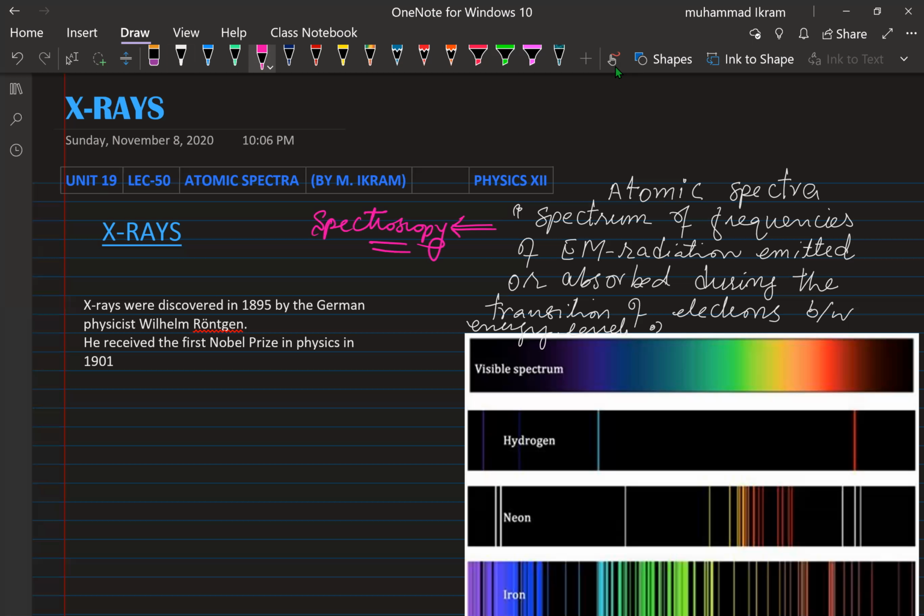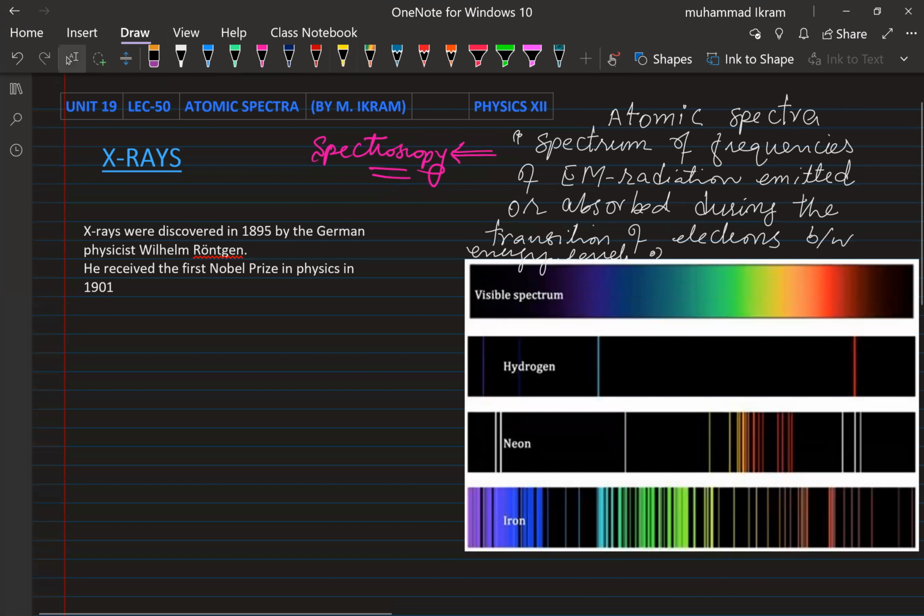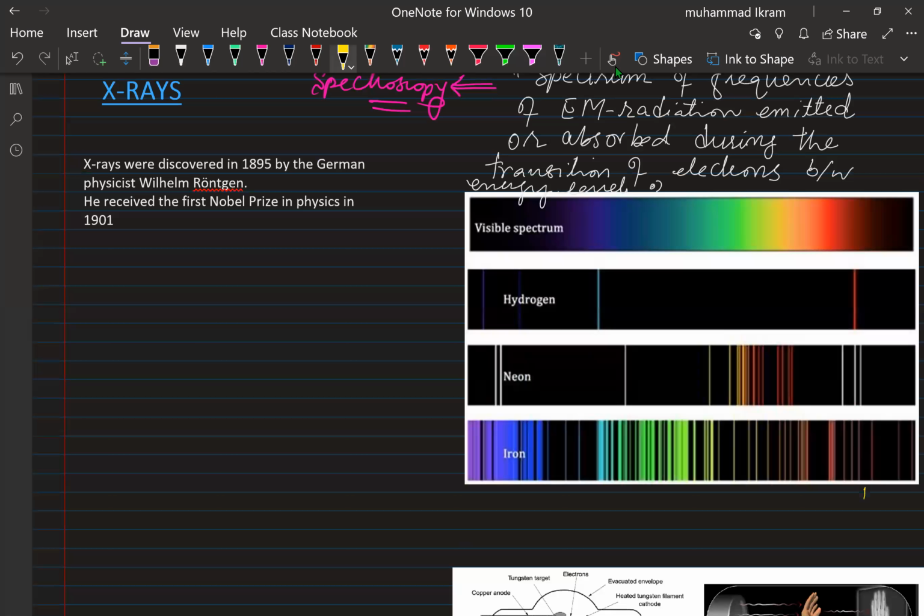To analyze the spectrum. Now, why is it important? Long story short, spectrum is in fact the fingerprints of an element.